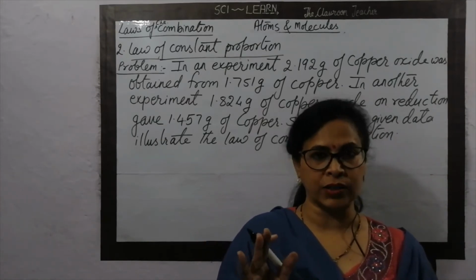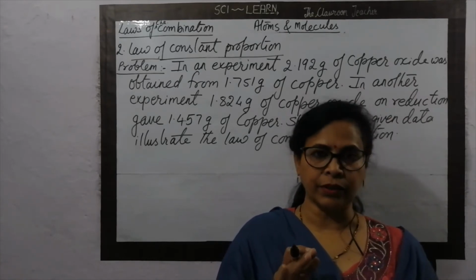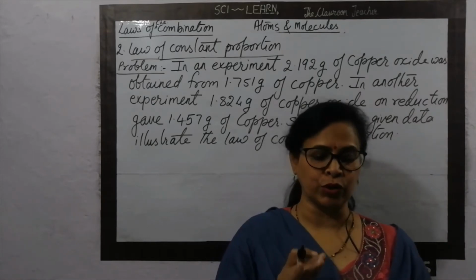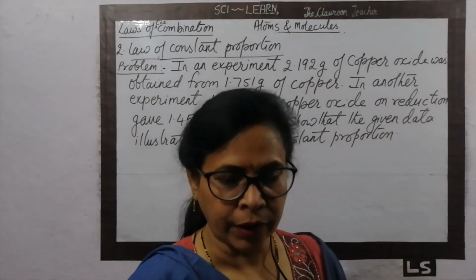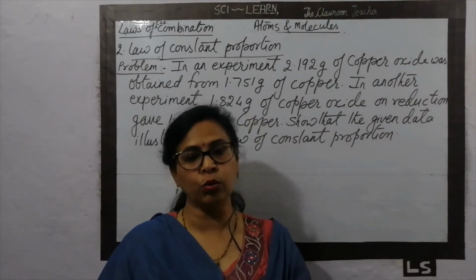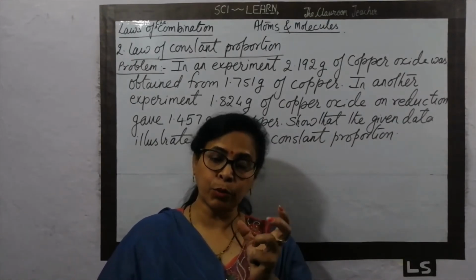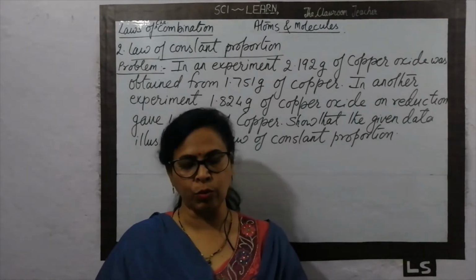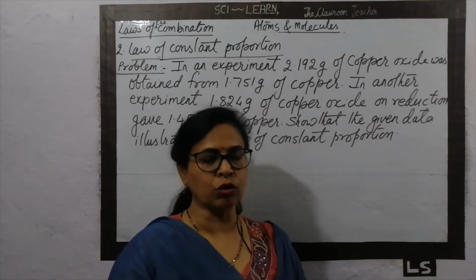You have to verify the law of definite proportion or law of constant proportion. The two conditions are there, so we have to calculate the proportion of copper oxide in the first condition and in the second condition. Now let's solve it.